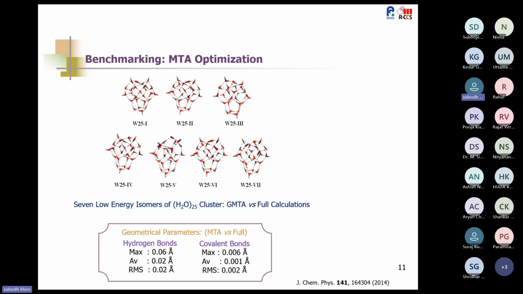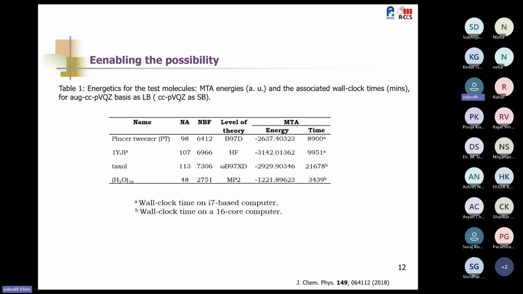The geometry obtained using the MTA and the geometry optimized by the actual full calculation, with the very huge architecture, end up in the same geometry. That's the message I want to give here. Though we are following an approximate path, finally we are landing on the same geometries, for large molecular clusters.